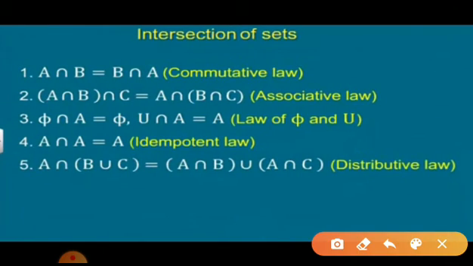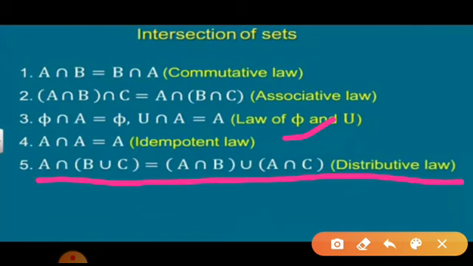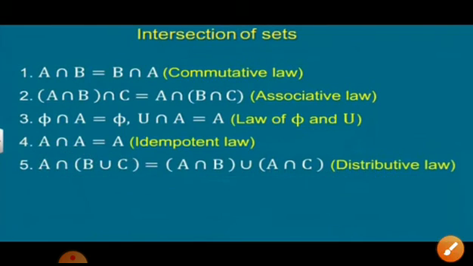Till this we have seen. Now see the distributive law: A intersection (B union C) is equal to (A intersection B) union (A intersection C). Why is it called distributive?